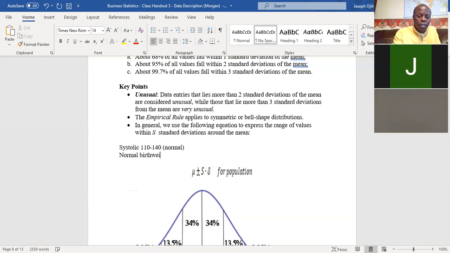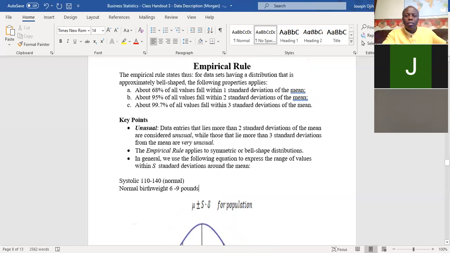Anything below this value, if it's below 6 pounds, we say that the baby is underweight. And if above 9 pounds, we say that the baby is overweight. But we have what's called normal. So for any distribution that is normal, or maybe we say bell-shaped or symmetric, that is where we use the empirical rule.